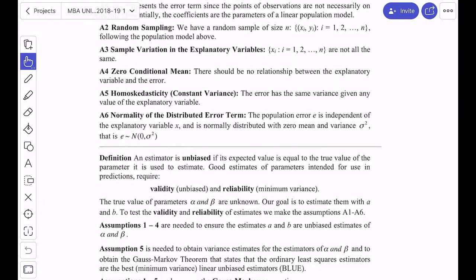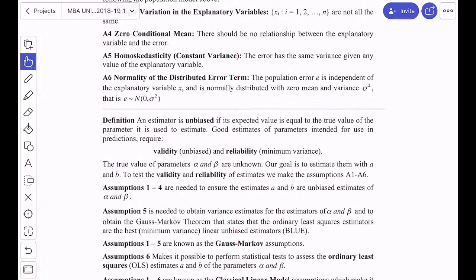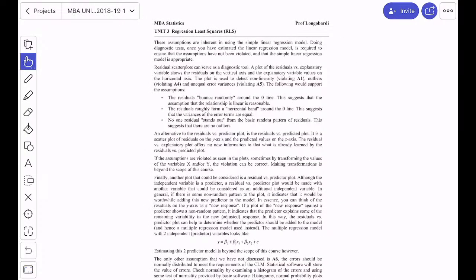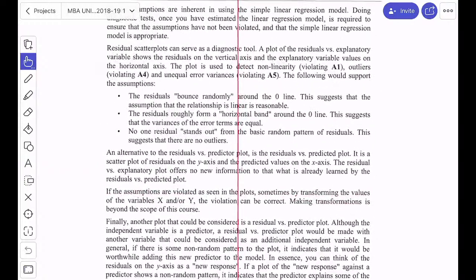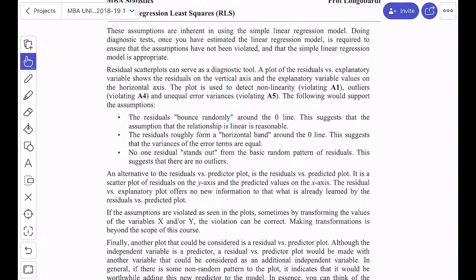And one basic one is to plot your residuals and to look to see that there's no pattern in the residuals.